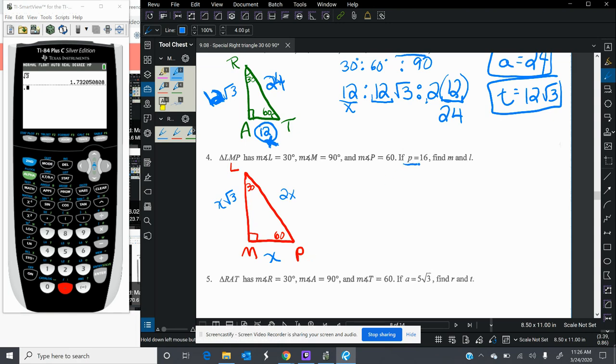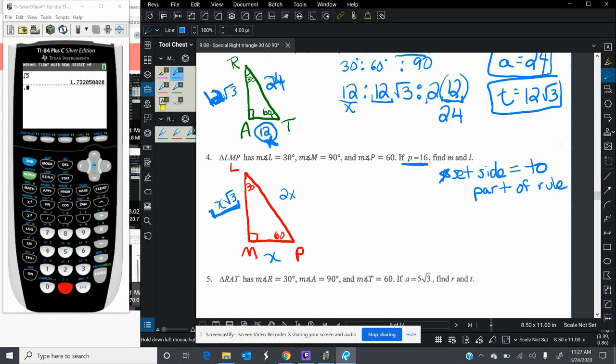That's that pattern that forms every time. So when they give you p is 16, that's not the easiest case where it's just the x value. Little p is across from the 60-degree angle this time. So what we're going to do, kind of like a little rule, is set the side equal to each part of your rule.